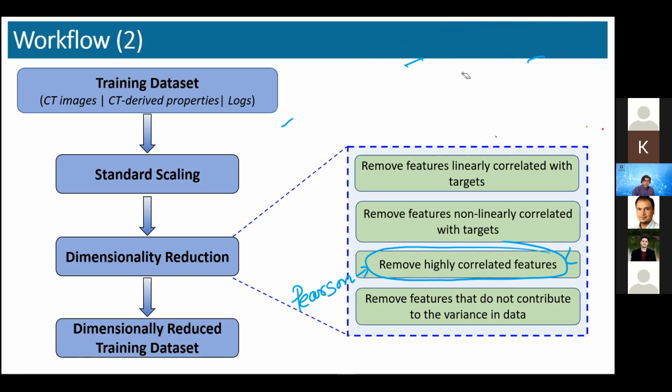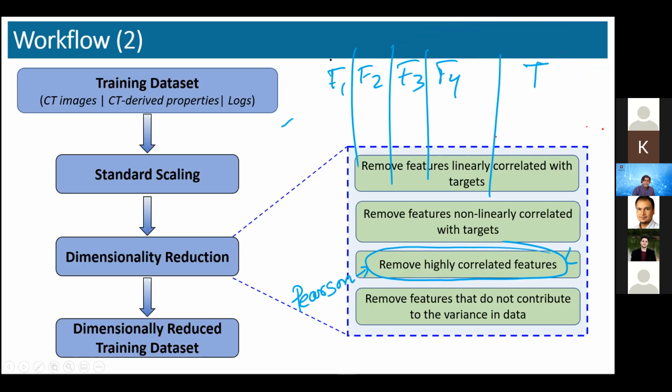Regarding step 1 in dimensionality reduction, there are a lot of features, F1, F2, F3, and F4, and there's a target. The first thing I do is try to figure out which of these features have strong relationships with the target.